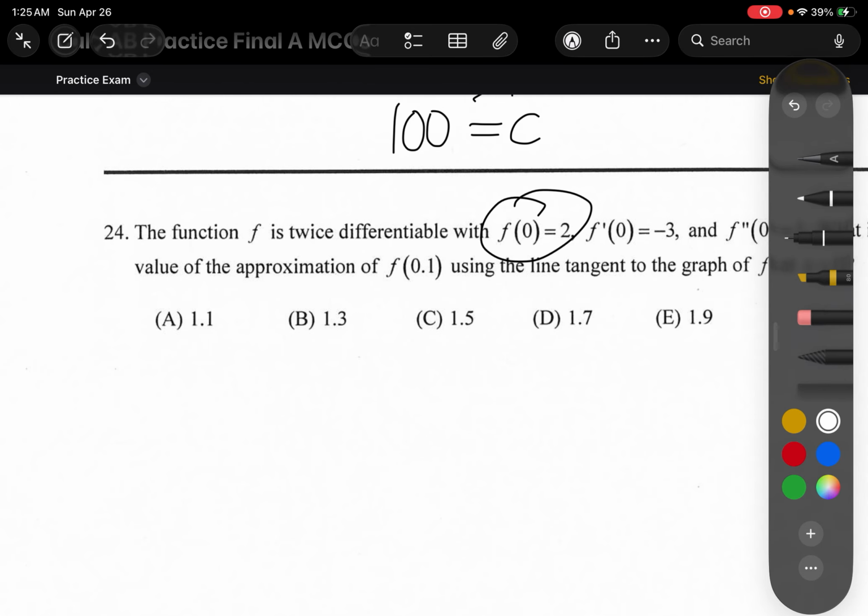It's going to be y minus 2, because it's y minus y1 equals m in parentheses x minus x1. So your first step, put your equation into point slope form, then convert to slope intercept. After that, you replace y with f of 0.1, and then put in 0.1 for all values of x and estimate.